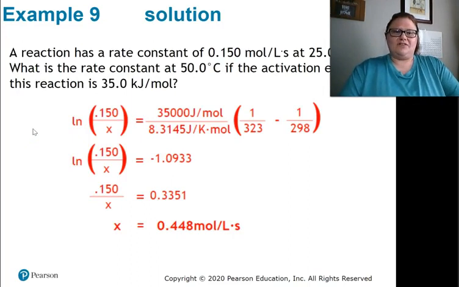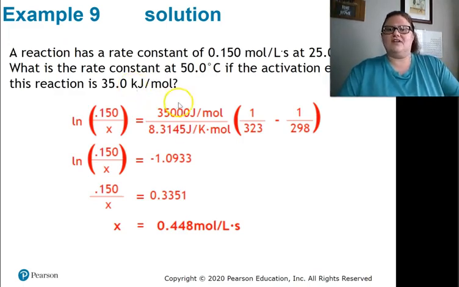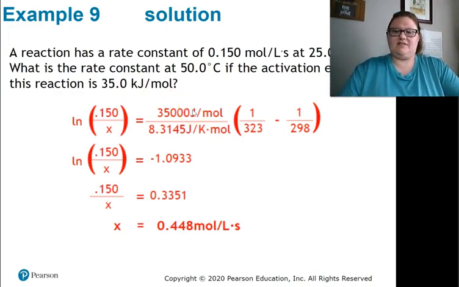Okay, so we're looking for that other rate constant, the K2. We have K1 up here. We were given the activation energy here. It needs to be converted into joules. That's because the R value, that gas constant, has joules as its unit. So if we have kilojoules, we need to convert that to joules first. Okay, lots of little things to remember, I know.